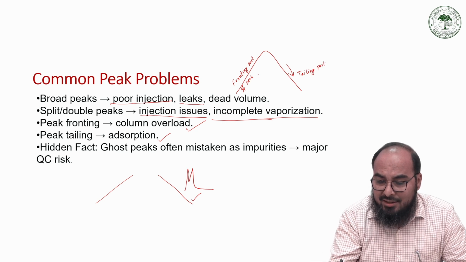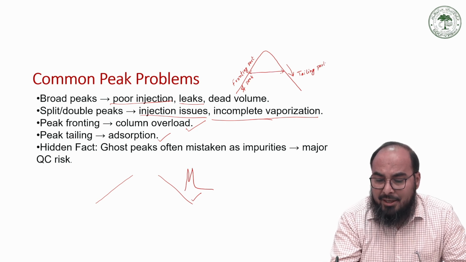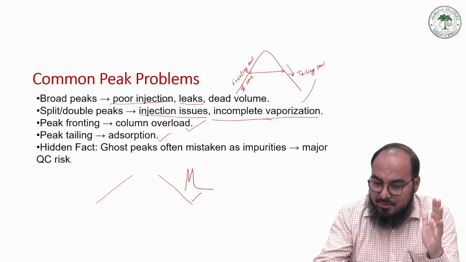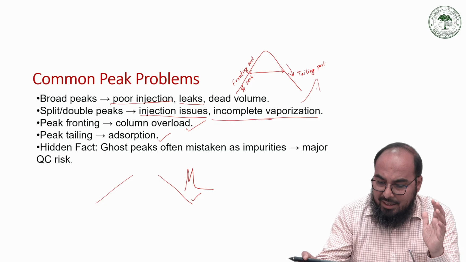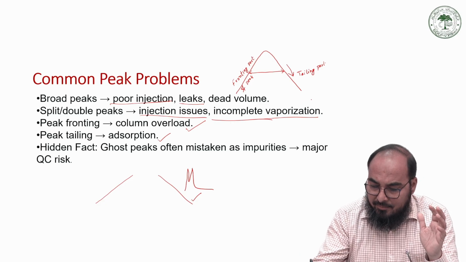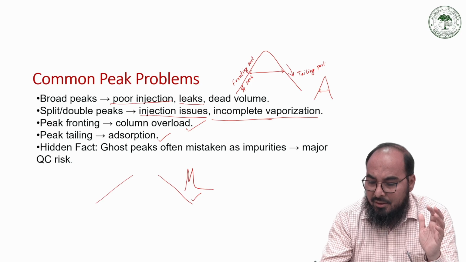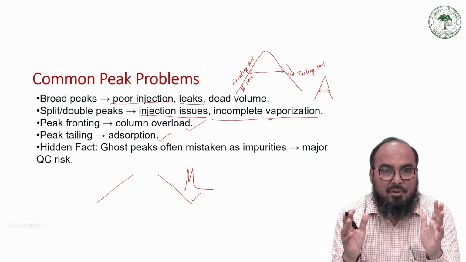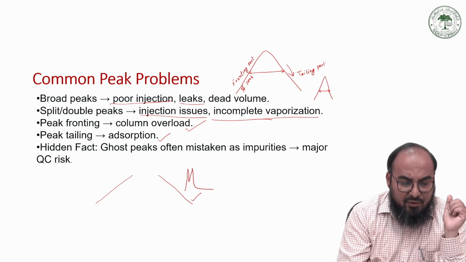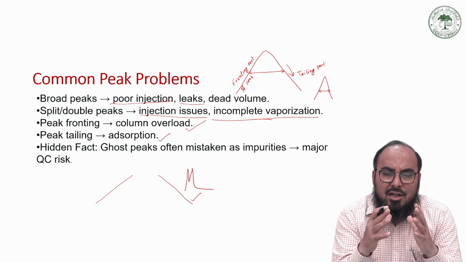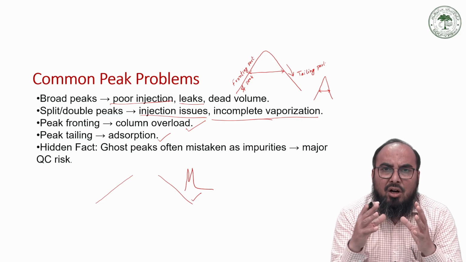Now you can see that your peak is very much widened, it is very much broad. So ideally your peak must be like this, that is, it must not be broad. So peak fronting occurs because of the column overloading, and the tailing occurs because of the adsorption on the stationary phase.